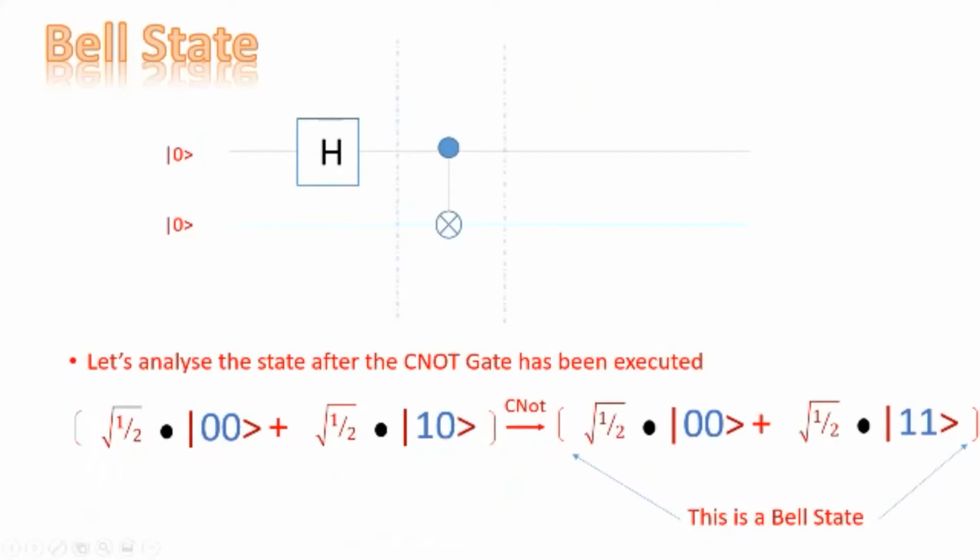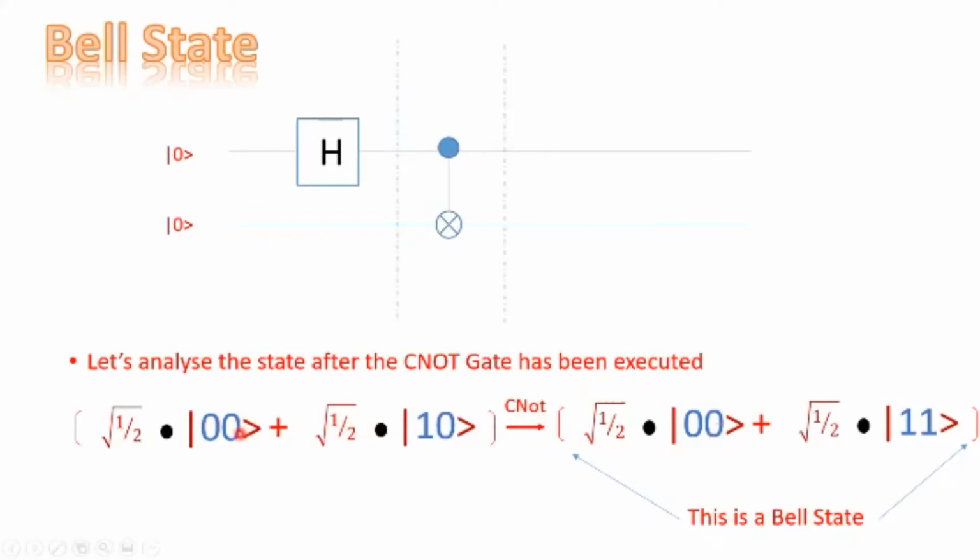Now, if we apply the CNOT, and you may remember we had that big matrix for the CNOT, all we have to recognize with the CNOT is that if there's a 1 in the control qubit, then the target will be flipped. If there's a 0, it goes straight through. So in this case, there's a 0, so that has no effect.